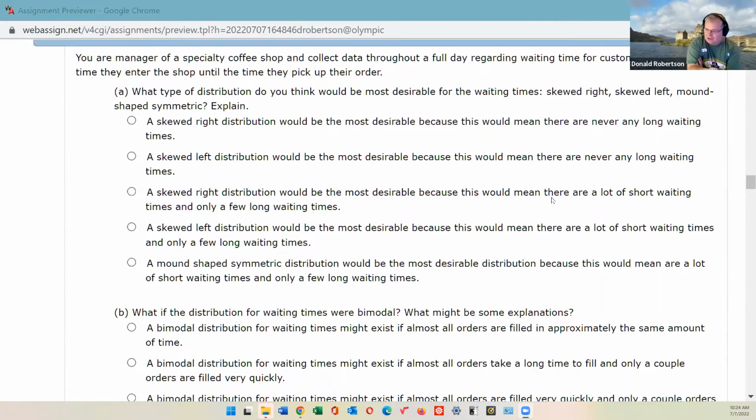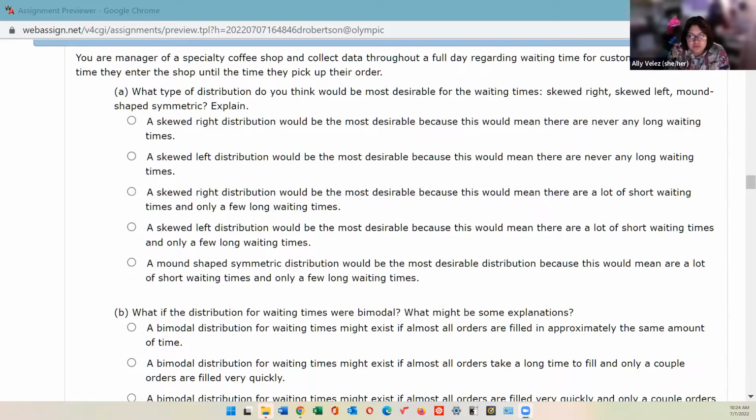Well, evidently there's another one called mound-shaped. So, which of those would you like in a coffee shop situation? Skewed left, skewed right, or symmetric? Coffee shop, what do you think they would want to be true? Last chance.